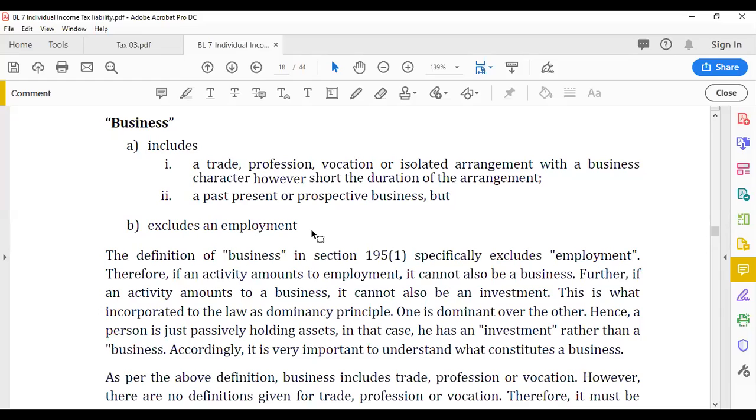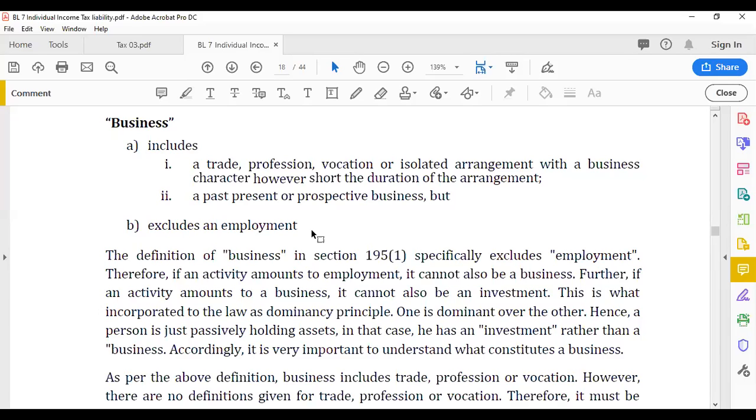If you have sold 10,000 items, then your income is 5 into 10,000, 50,000. So it is a repetitive activity, trade. You just buy and sell, or you manufacture, producing bricks or plastic items using some materials, and you sell them for making profit. That comes under a trade.